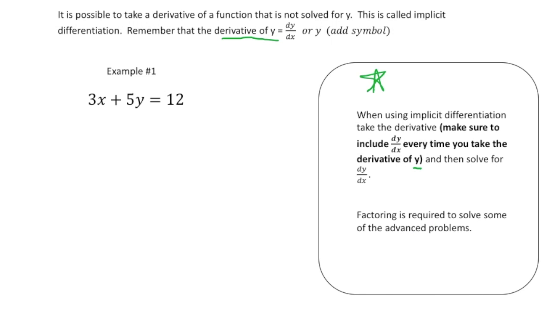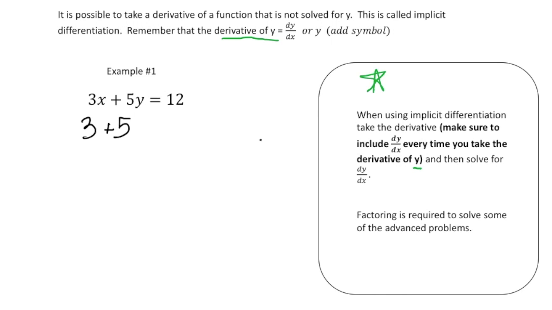Let me show you an example. Here we have 3x plus 5y equals 12. First you find the derivative of each part. The derivative of 3x is 3, plus the derivative of 5y, which is 5.